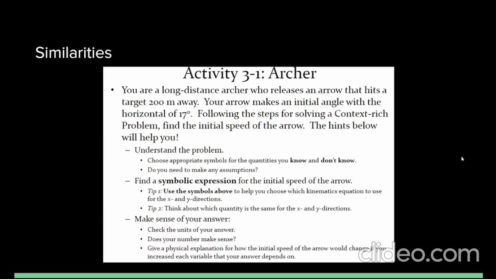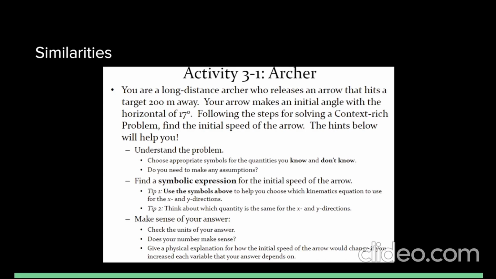Now, another problem that shared quite a bit of similarities, but one main similarity was the Archer problem that we did in studio for, I believe, week 3 of this class. The main similarity was that in this problem, we had to equate variables to find unknown values.